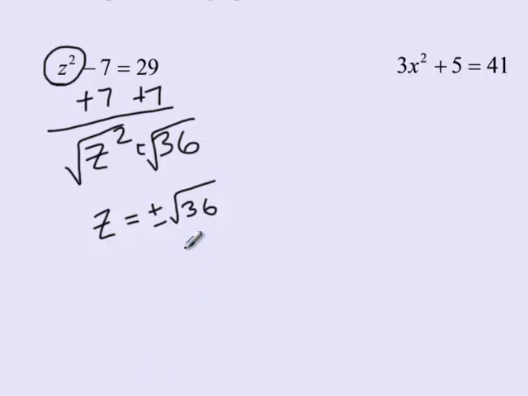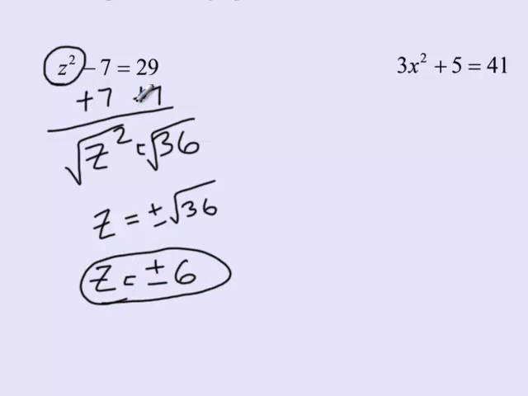The square root of 36 is just 6, so I get z equals plus or minus 6. And that's my solution. If I plug it back in, 6 squared minus 7 is 29, or negative 6 squared minus 7 is 29. Either way it works, and those are both the solutions to that problem.